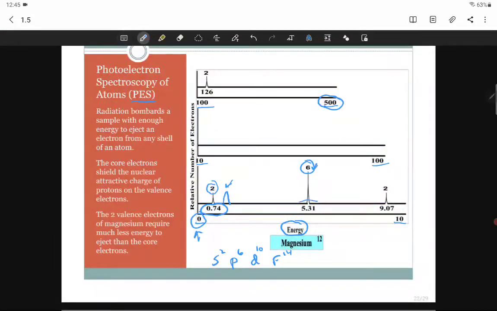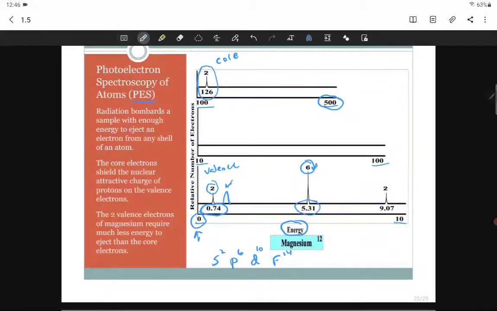And by the way, you need more energy to spit those electrons out. Remember I said that the further away you get from the nucleus, the easier it is to lose electrons. So these electrons are the valence electrons. They're the furthest away from the nucleus. As opposed to these electrons, which are closest to the nucleus. We can call those core electrons.